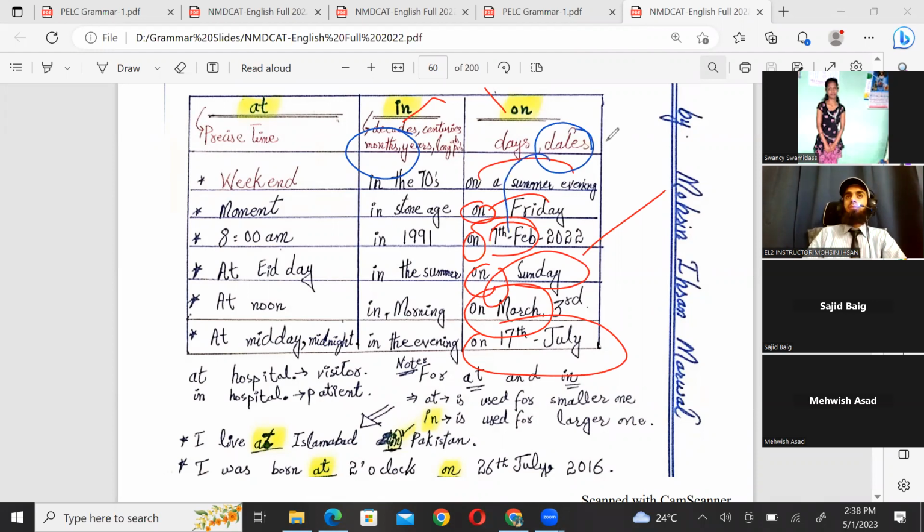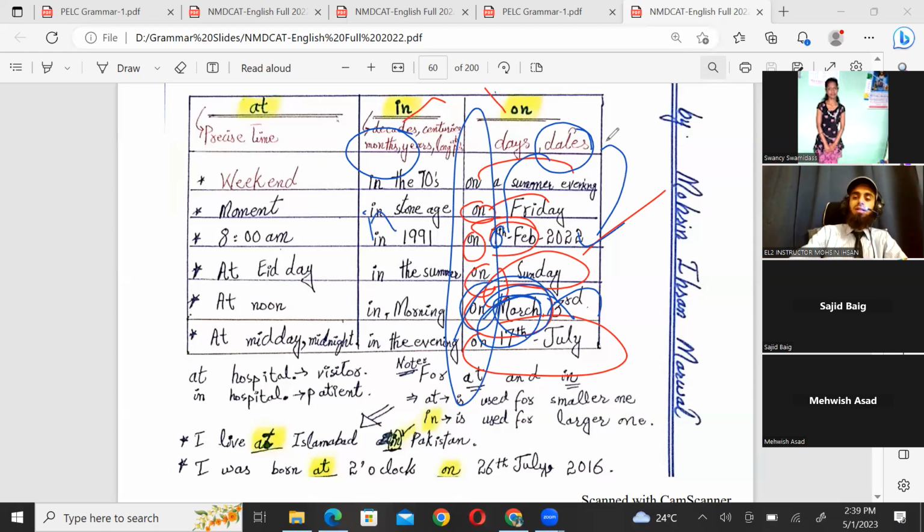For example, I'm going to meet you on 21st January. But without any date mentioned, you must say only in January. The date can be mentioned before or later, but if the date is mentioned with the month, then you must say on. Without a date, in, right?